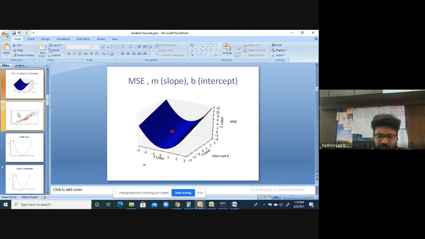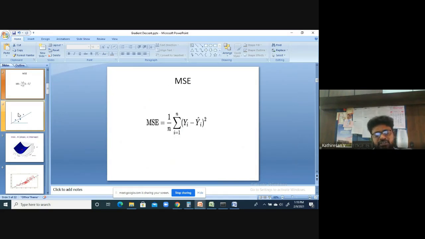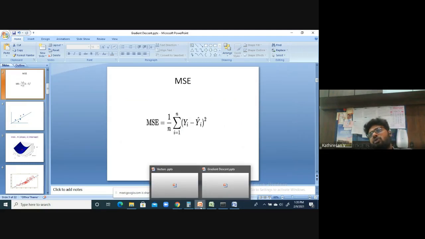But if you really want to understand the curve, you have to apply partial derivative on this particular equation. You have to find the slope of a point. In order to find the slope of a point, you have to apply partial derivative on this curve expression. With the help of the slope of a point, you can identify the direction of the curve.